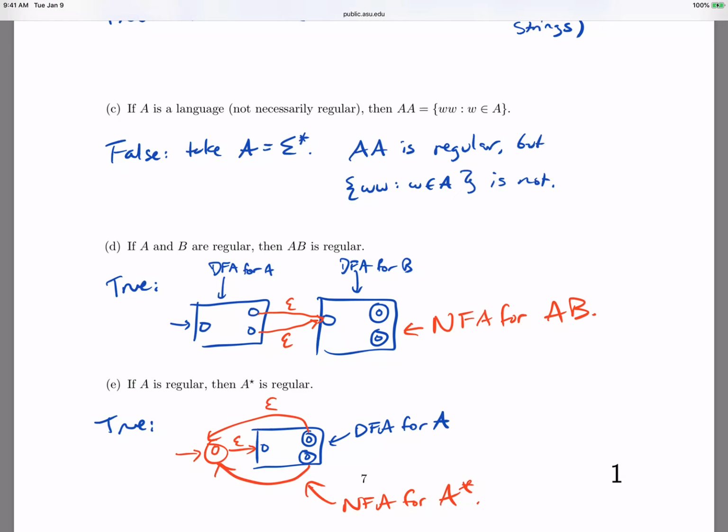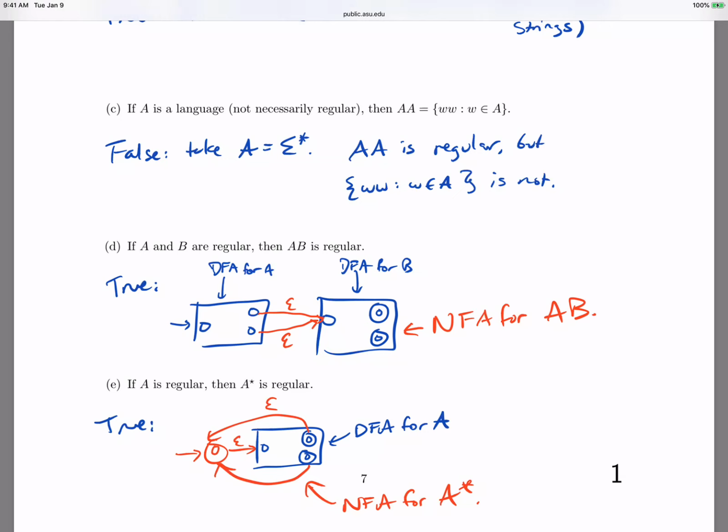So some people saw this and said, well, AA is just the set of even length strings where each piece comes from A. Take, for example, A equals {0,1}star, so all binary strings. AA then is just the set of all binary even length strings, but the WW one can't possibly contain 01, because it's not the same string twice.